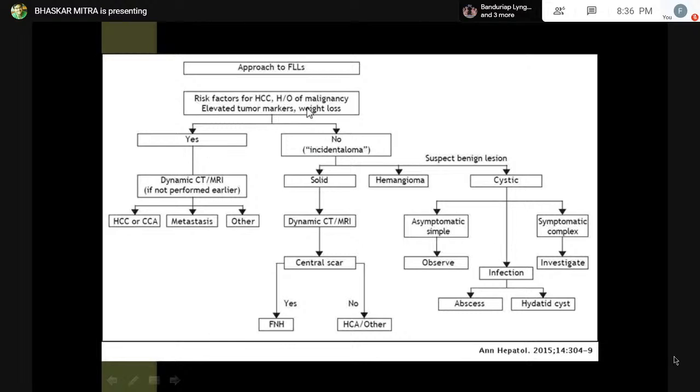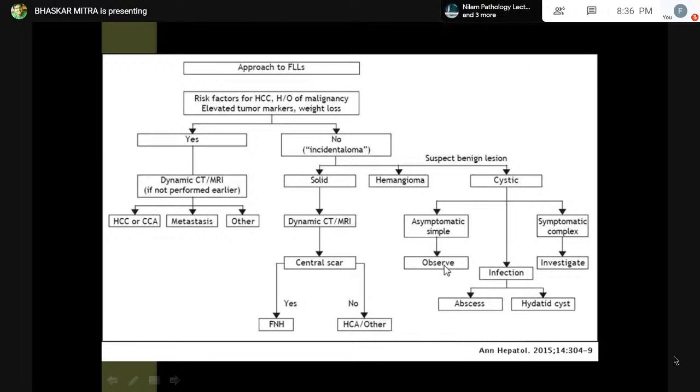If there is a risk factor for hepatocellular carcinoma or elevated tumor markers, then do a dynamic CT or MRI, looking for hepatocellular carcinoma, metastasis and others. If it is an incidental finding, it may be solid or cystic or maybe a hemangioma. Then again look for the central scar, FNH and hepatocellular adenoma.